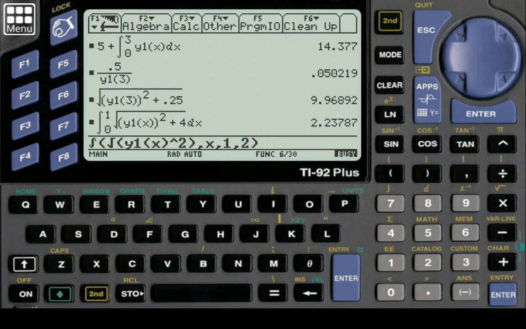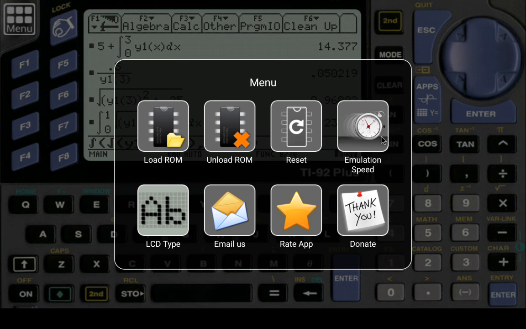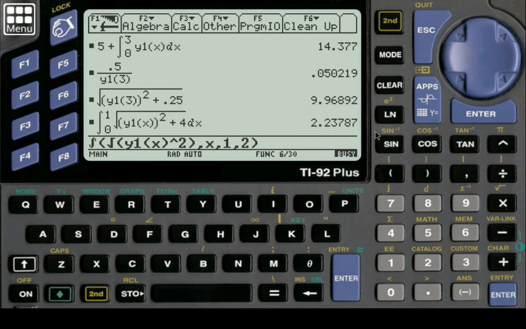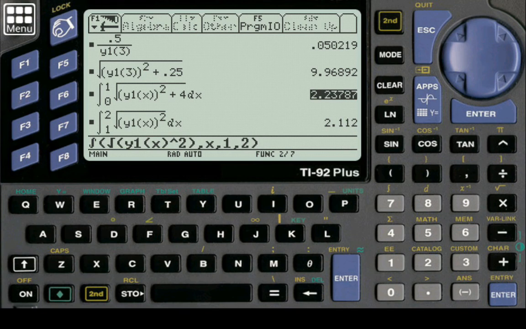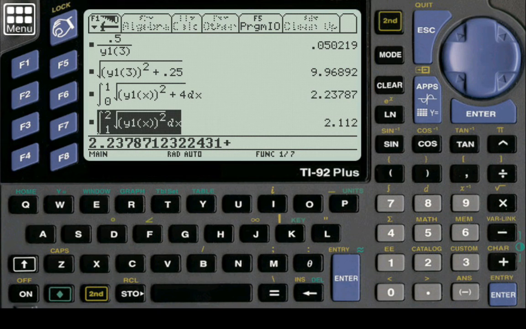Now I need ludicrous speed. There it goes. Okay, so we're going to take those two amounts and add them up. It should be 4.350-ish. Can we cut and paste this? Enter, plus. Whoops, ludicrous speed is messing me up now.